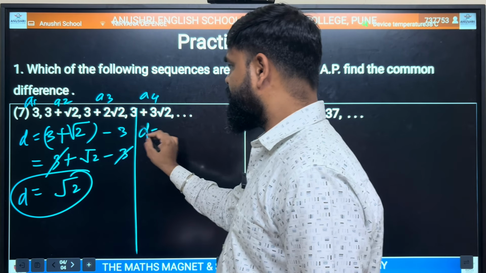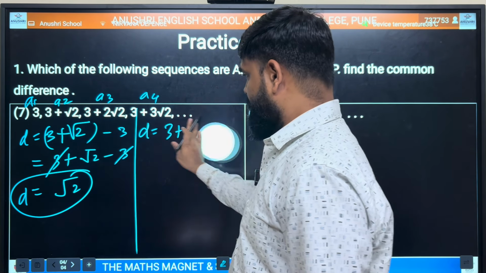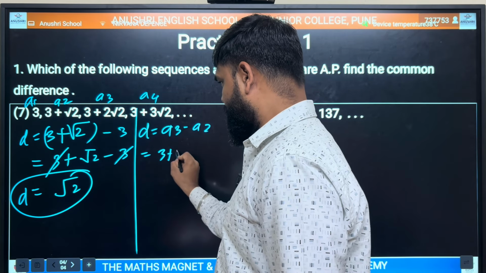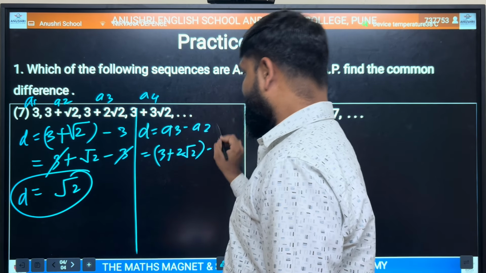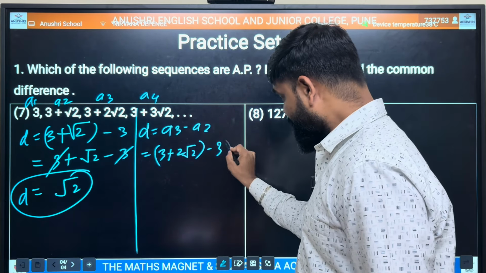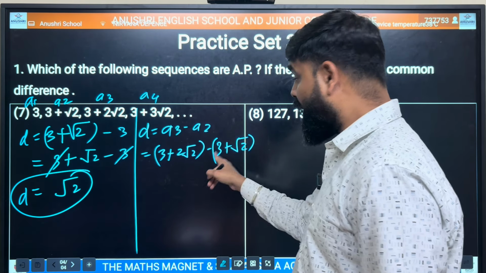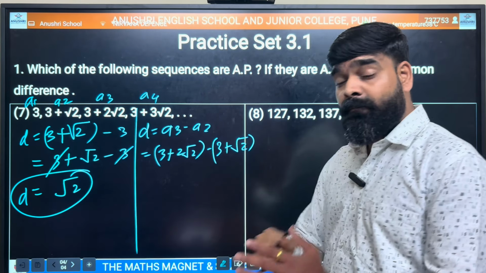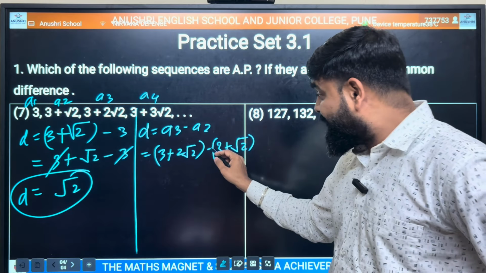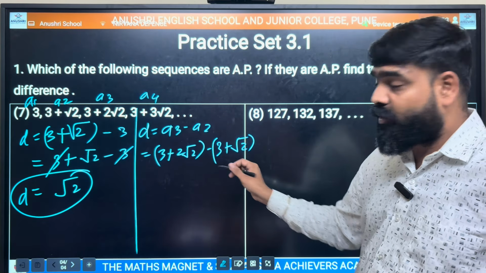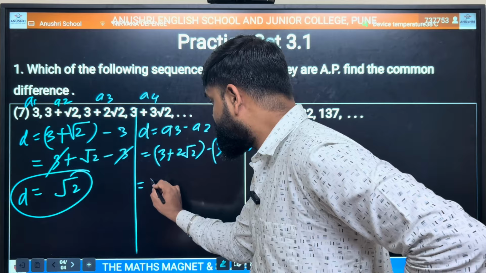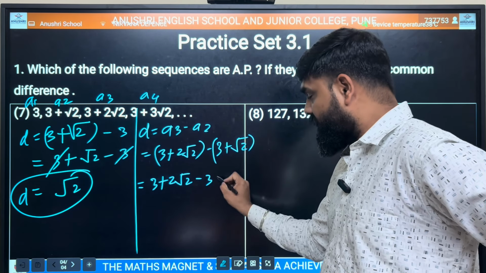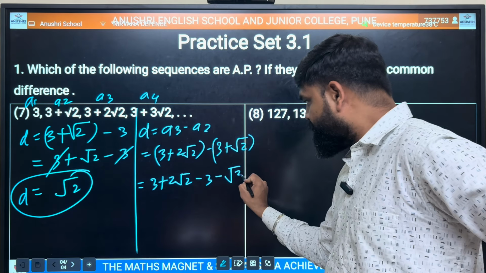Again, let us check this: A3 minus A2. So A3 in this case is 3 plus 2 root 2 minus 3 plus root 2. You have to put it in this bracket, because when we open the bracket, the internal signs will change. So 3 plus 2 root 2 minus 3, and this sign will be changed here, minus root 2.